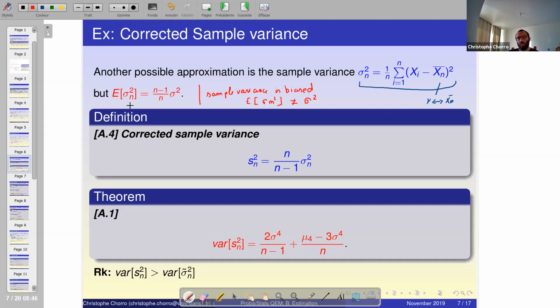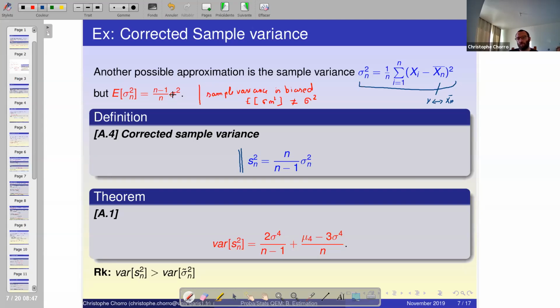But since we have this expression for the expectation of my sample variance, it is very easy to correct it in order to obtain an estimator that will be unbiased. It's what we call the corrected sample variance, the one we use in general in order to approximate a variance. When I see this expression here, I see that when I multiply by n and divide by n minus 1, I obtain sigma square as an expectation in this relation. So if I multiply this relation by n and divide it by n minus 1, I obtain on the right part sigma square.